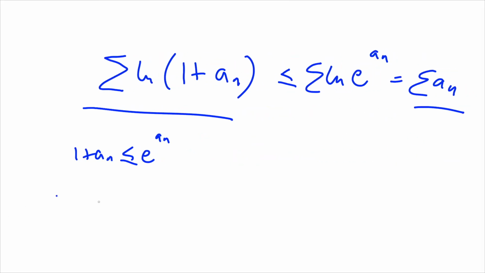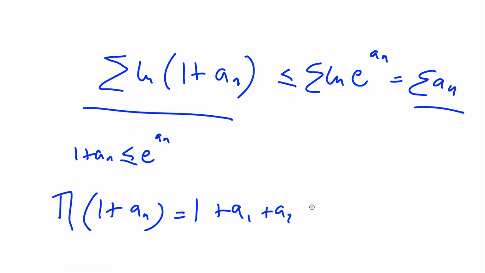So if we've got the product of 1 plus an, we'll have 1 times 1 times 1 times 1, plus all the an's like a1 plus a2 plus a3, plus combinations like a1 a2, plus other ones like a1 a3 a5, and so on.